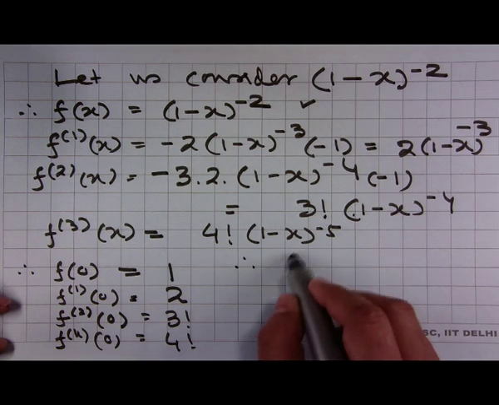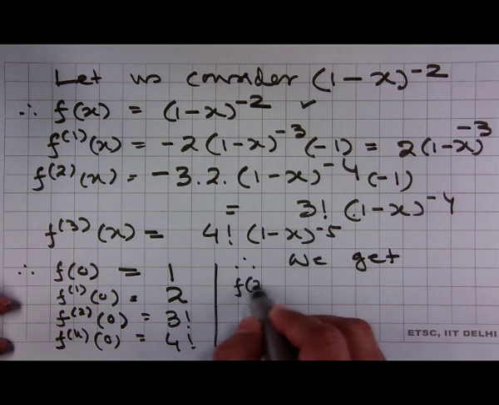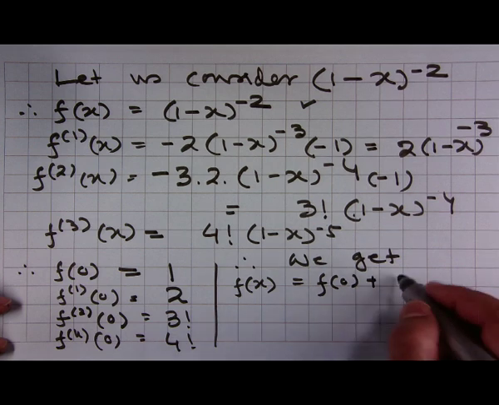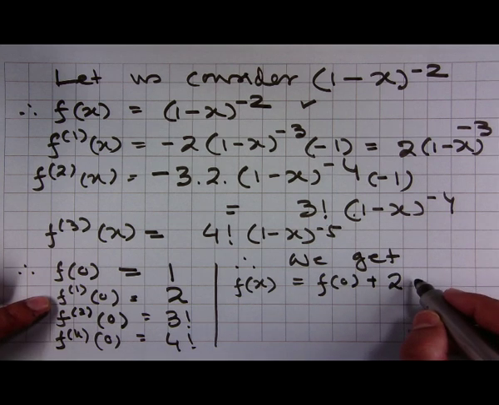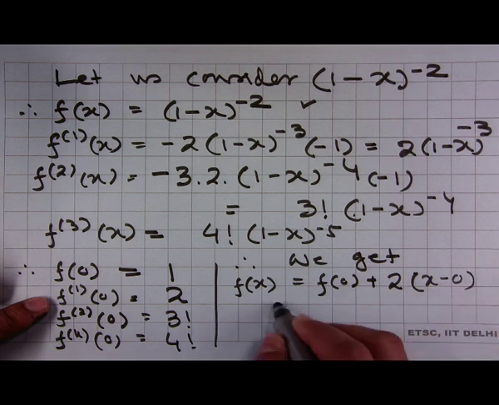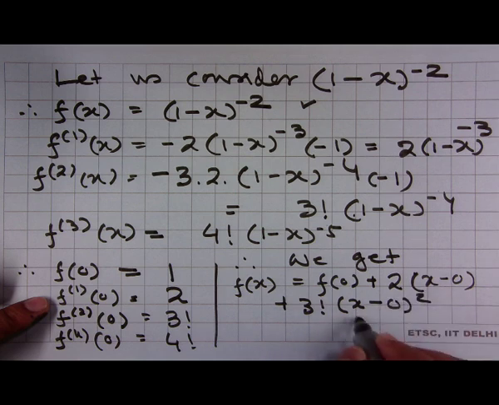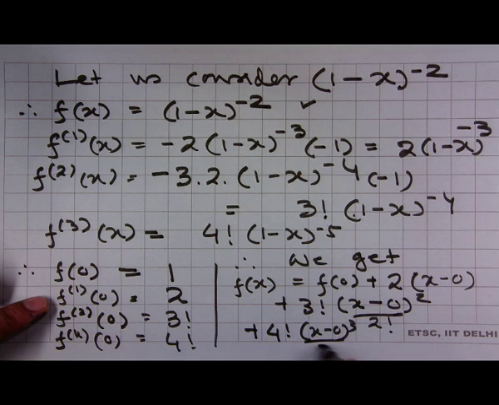Therefore, we get f(x) is equal to f(0) + 2(x − 0) + factorial 3 into (x − 0)² upon factorial 2 + factorial 4 into (x − 0)³ upon factorial 3.